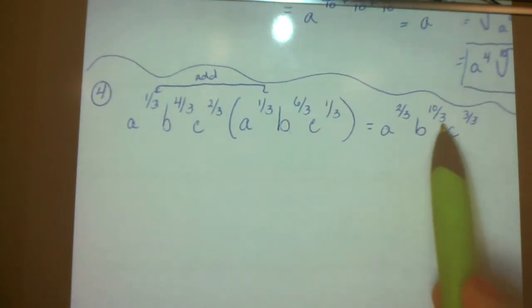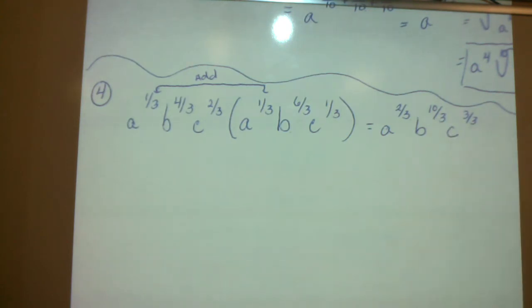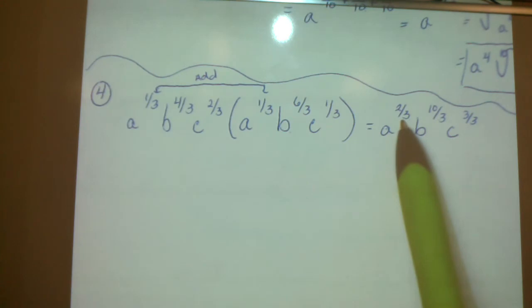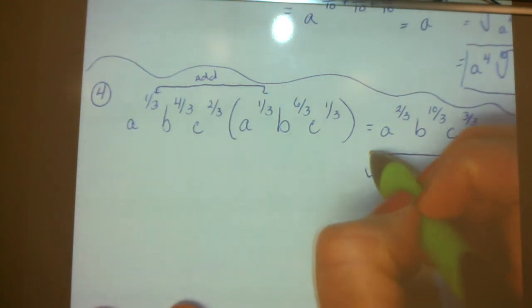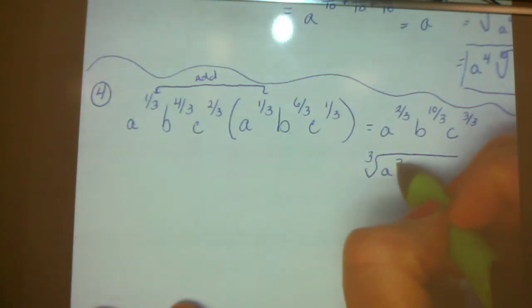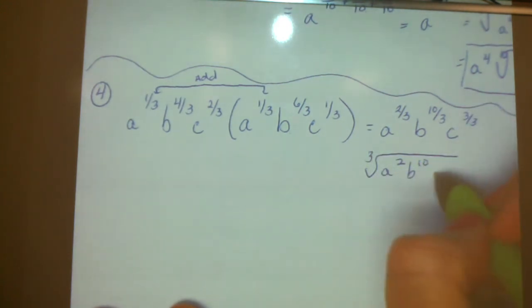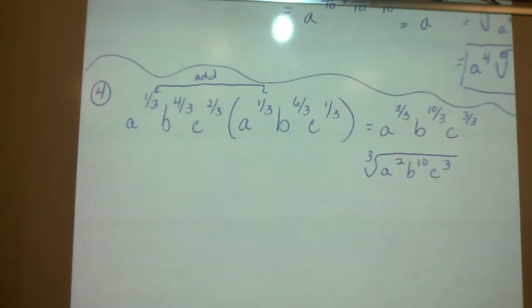Because these denominators have to be the same, because when you're writing it in radical form, I can't have a different root. Remember, this number is the root. It has to be the same. So I'm going to rewrite this as the 3rd root of a squared, b to the 10th, c cubed. Now, I'm going to see what can I take out of that radical.